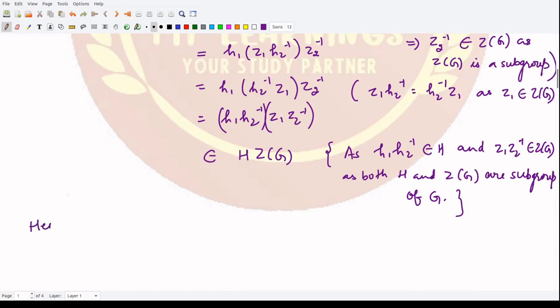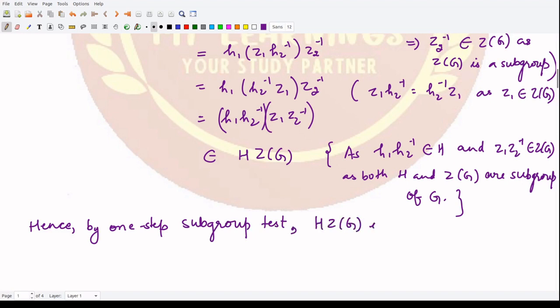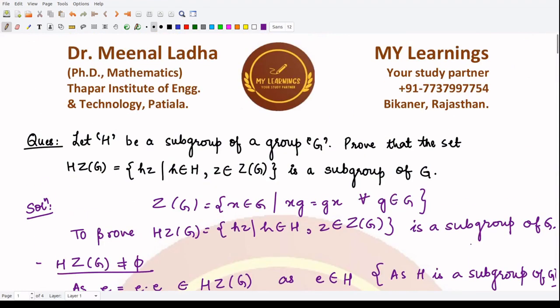Hence we can conclude by the one step subgroup test that HZ(G) is a subgroup of G, and this is what we wanted to prove here in this particular video.